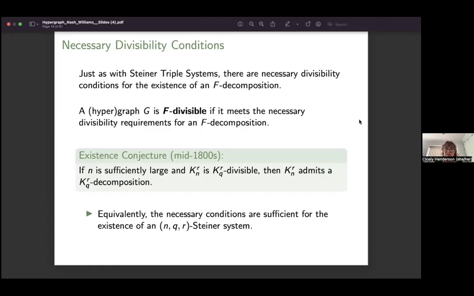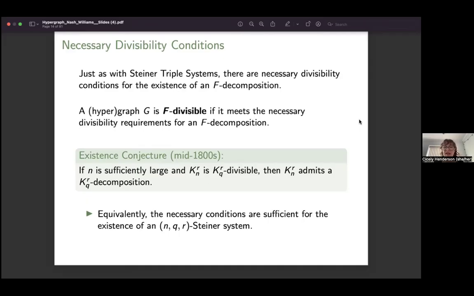And now a classical conjecture from the mid-1800s was, again, when are these necessary conditions sufficient? The existence conjecture from the mid-1800s posited that they always are. In particular, it posited that if n is sufficiently large and K_n^r is K_q^r divisible, then K_n^r always admits a K_q^r decomposition.